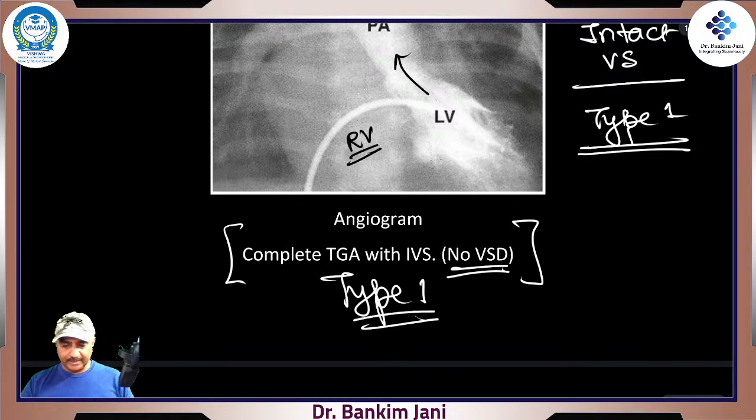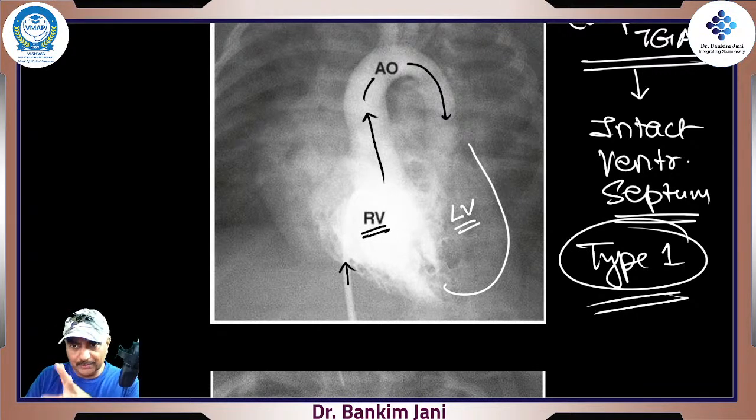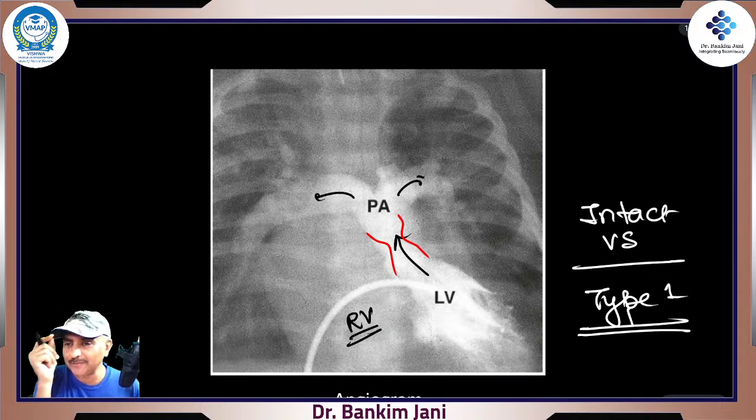Now you can understand that if you get some leakage into the left ventricle, that means this is with VSD, ventricular septal defect. So it becomes type 2. And then if you find a stenosis, let me change the color. If you find that the shape is like this, you will be watching very specifically.